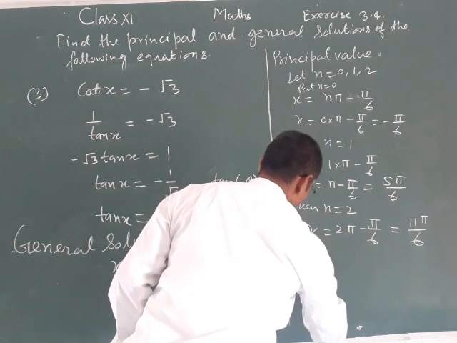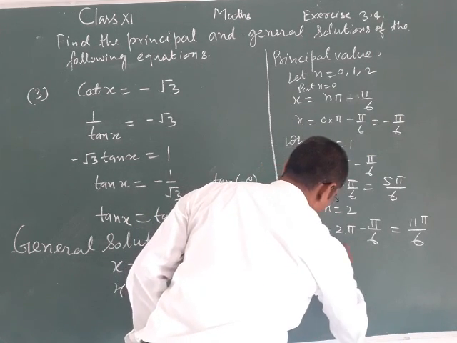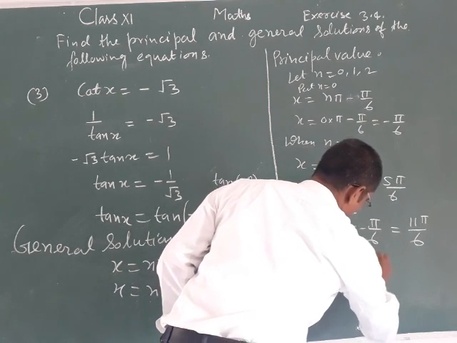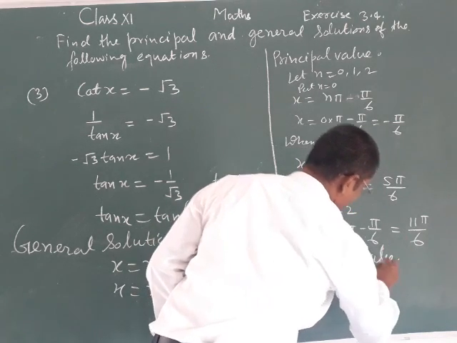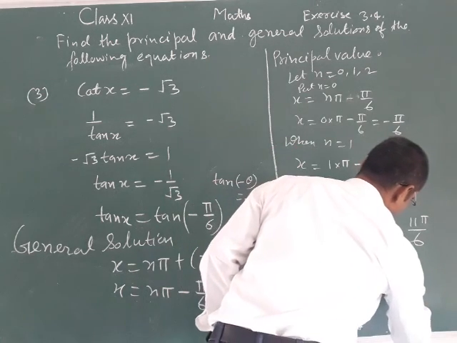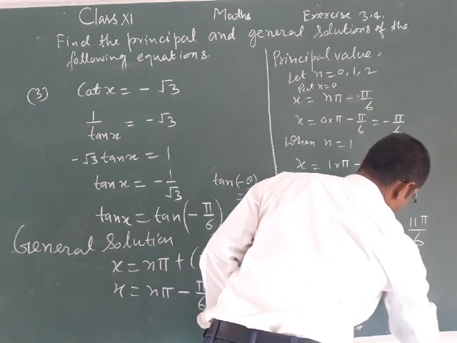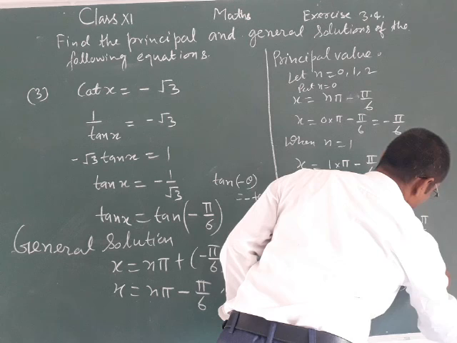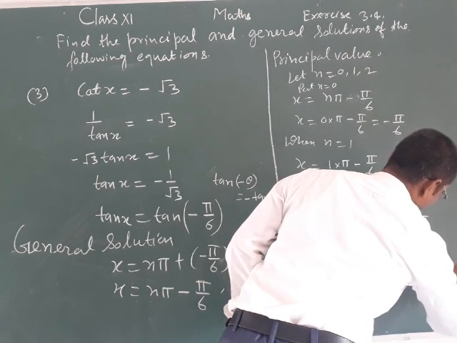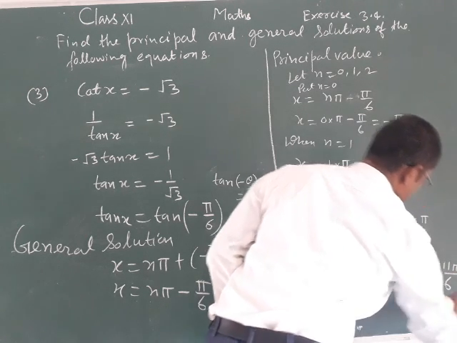So the principal values are minus pi by 6, 5 pi by 6, and also 11 pi by 6.